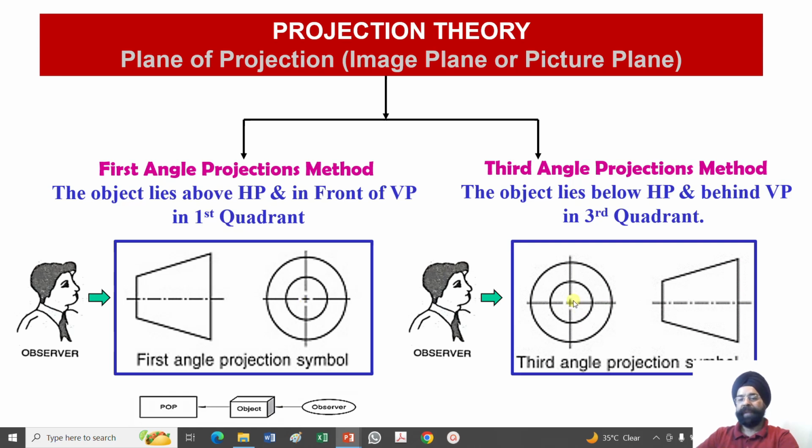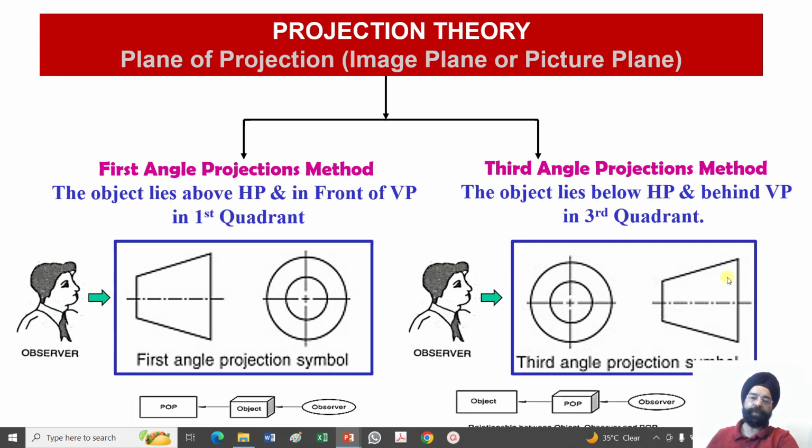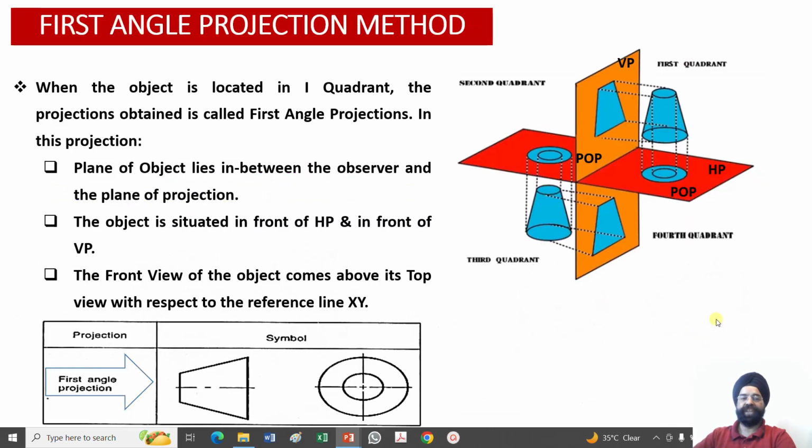Here my plane of projection lies in between my observer and the object. That is the distinction between first and third angle. In third angle projections, my plane of projection lies intermediate between my observer and my object. So this is the symbol of my third angle projection.